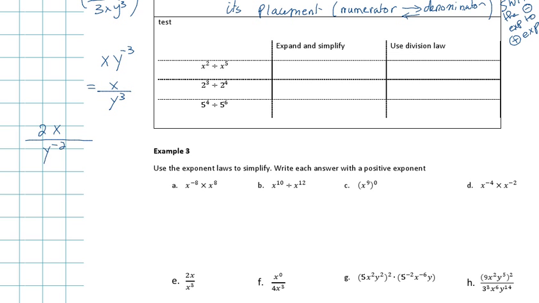Then you bring it up here, it becomes 2x y squared. And no fraction anymore, because whatever was in the fraction was a negative. It will not affect the other terms. So it becomes times, because the opposite of division is multiplication.